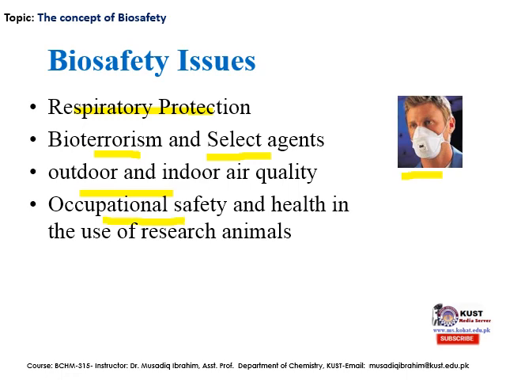And occupational safety and health in the use of research animals. In many BSL labs, research animals like mice are being used. So the safety precautions, the procedures, the standard practices should be adopted to avoid any issues arising from them.